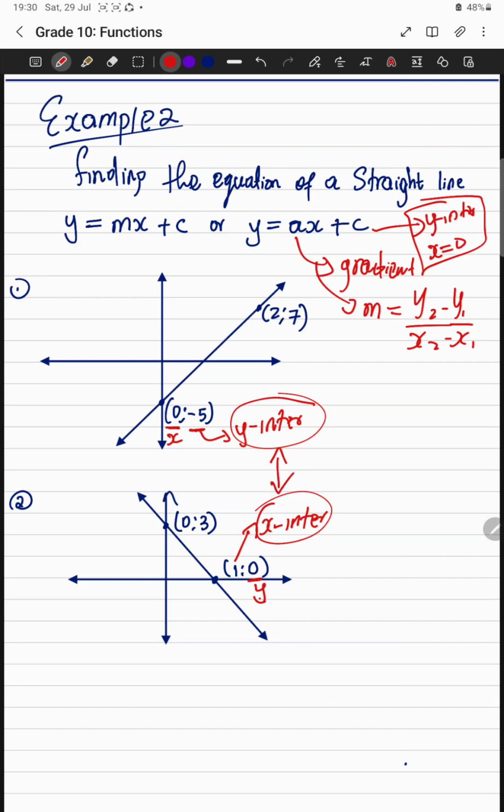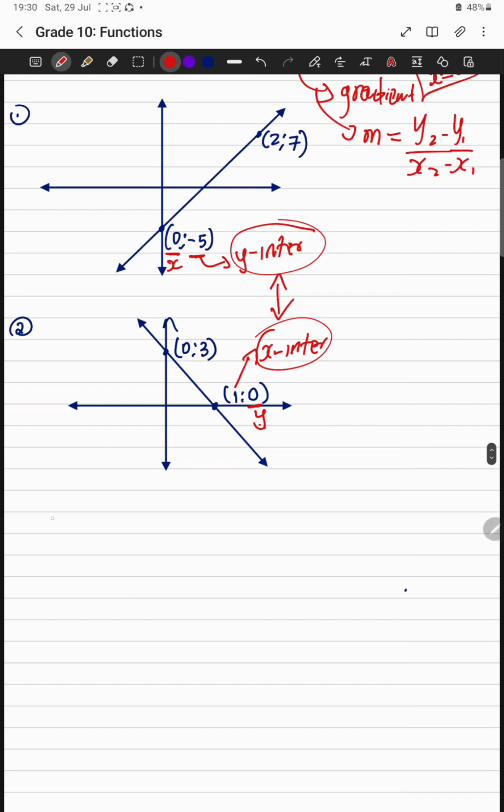All right, so now let's try to determine the equation by using the first graph. In the first graph, we are going to do solution number 1.